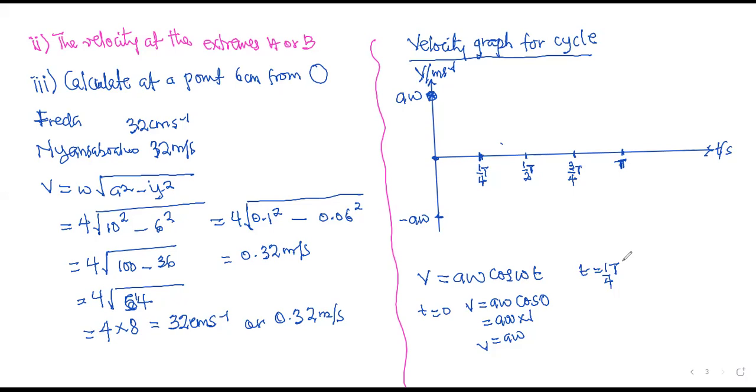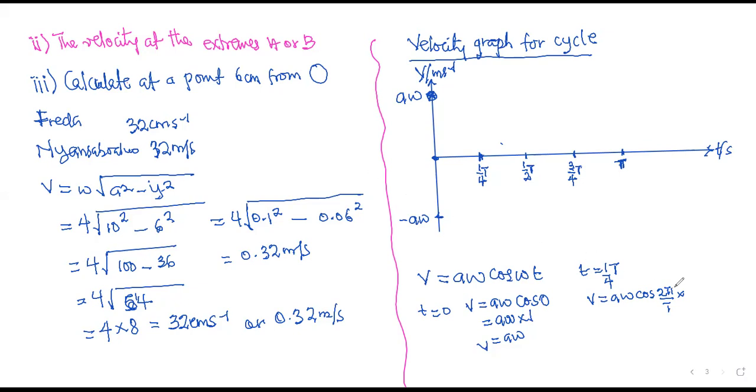0. Yes, it's 0, but I want the rest of you to also work. Let's work it. So we have v is equal to A omega cos of 2 pi over the period, times the time.